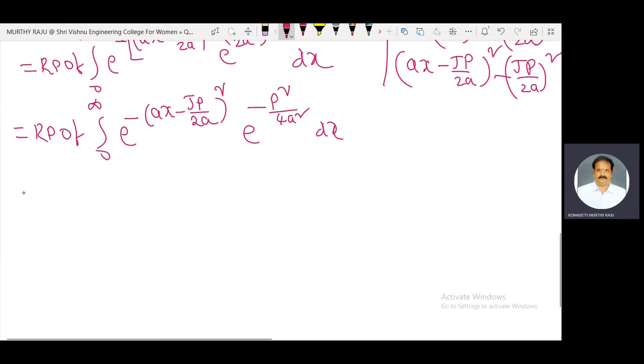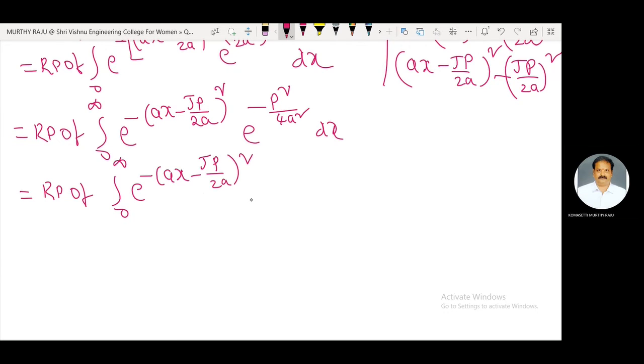That is equal to real part of 0 to infinity e power minus ax minus jp by 2a whole square. This is the constant term; bring out e power minus p square by 4a square.